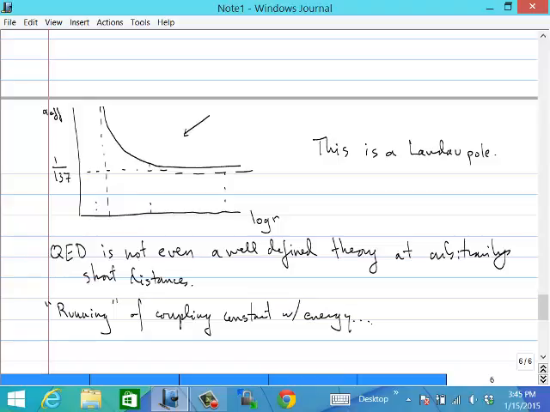And this is something that we're going to study systematically and in a lot of detail in the next several weeks. This is the first example of that. Any questions? Okay. So this completes the discussion of the photon self-energy.